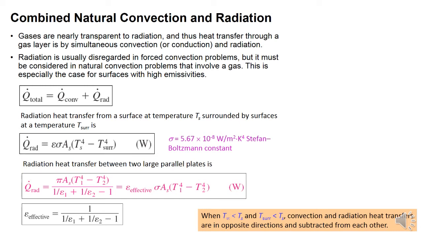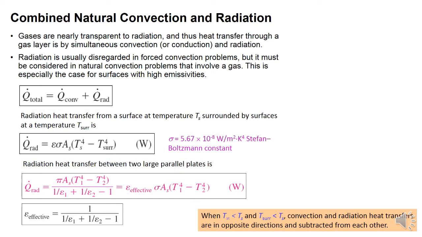The radiation heat transfer from a surface at temperature Ts, the surface temperature, surrounded by surfaces at temperature T surrounding, is Q radiation equals sigma times epsilon times surface area times the surface temperature to the power of 4 minus the surrounding temperature to the power of 4.